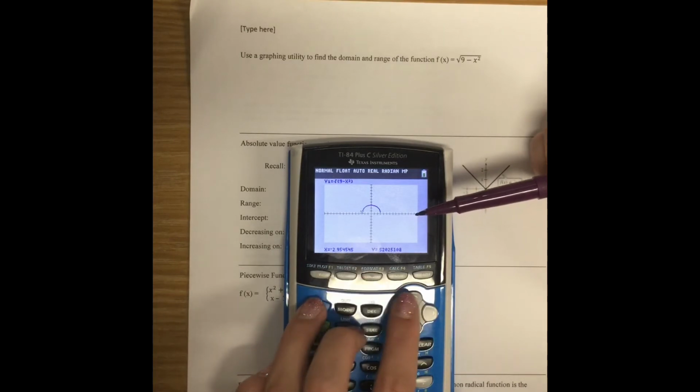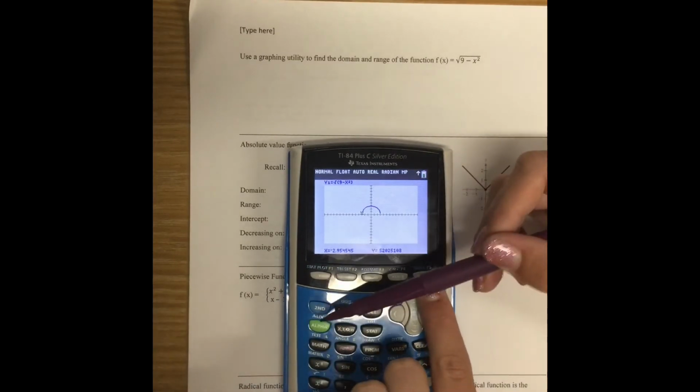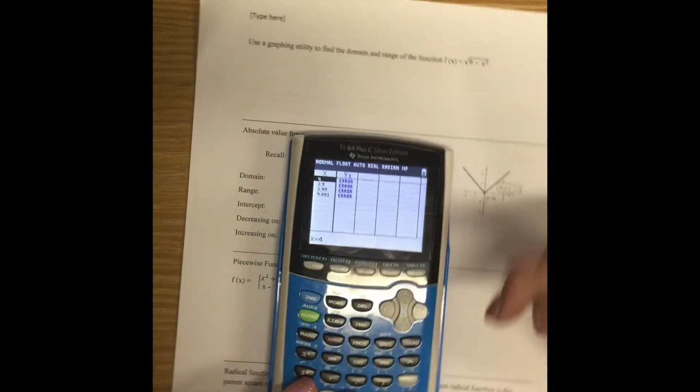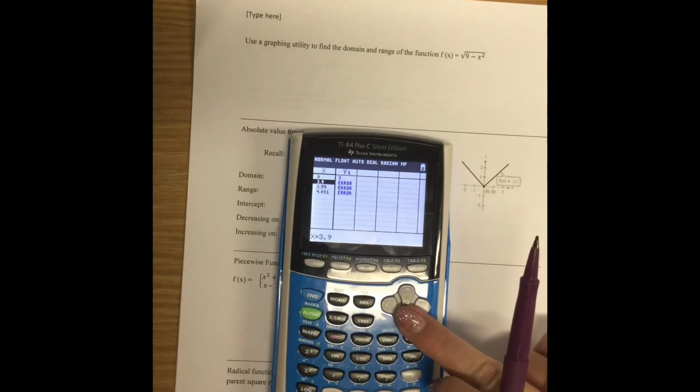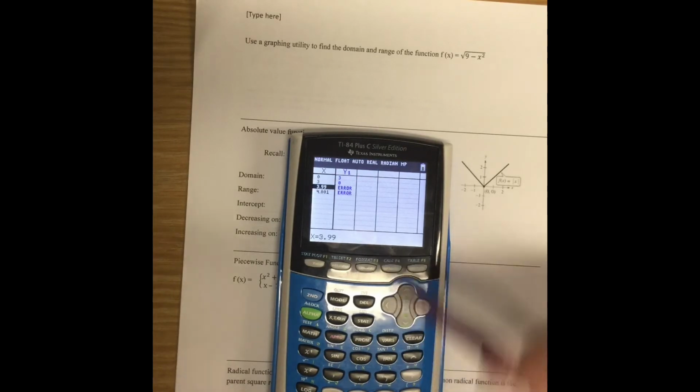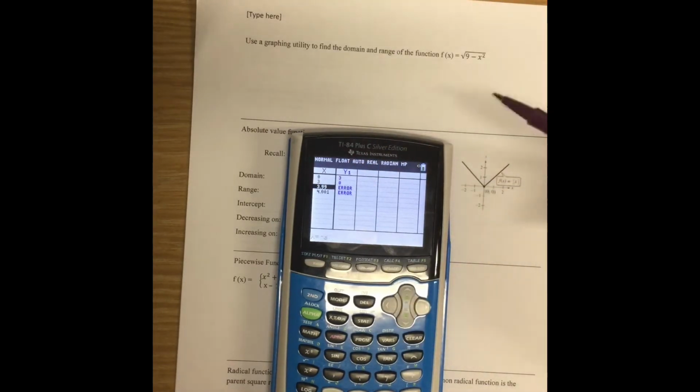Let's go to a table and see if we can see this closer. So you do that by going second table. And you can actually see, let's see where x is at 0. It's actually at 3. When x is 0, y is at 3. But what about when y, like we thought that we might get to, we cross it at 3 and at 0.